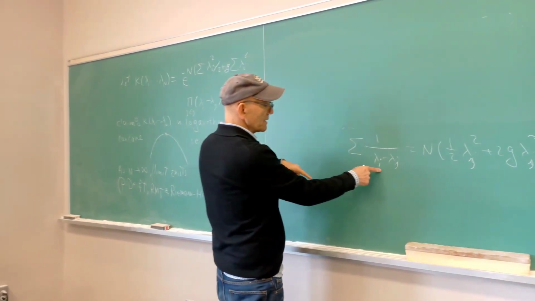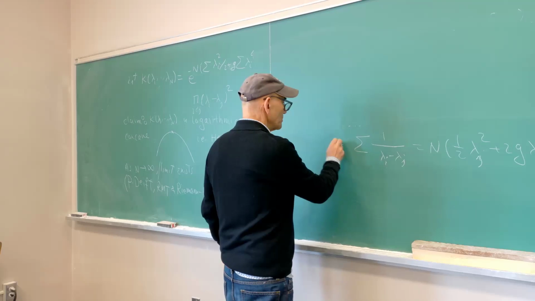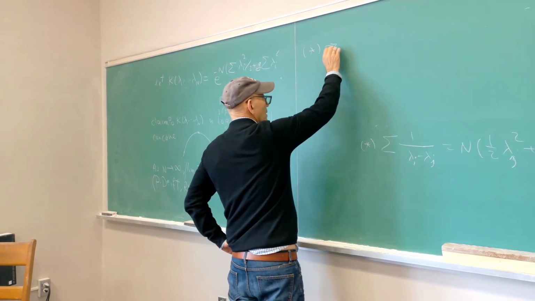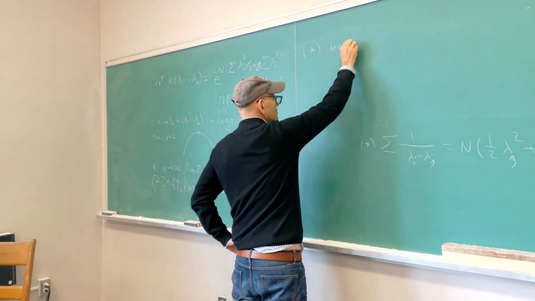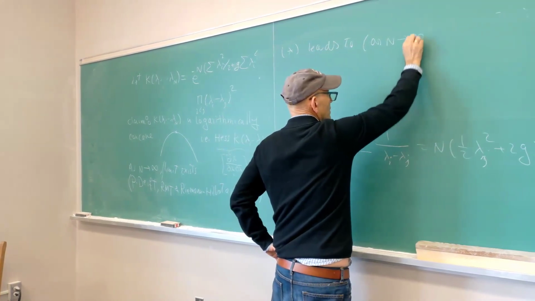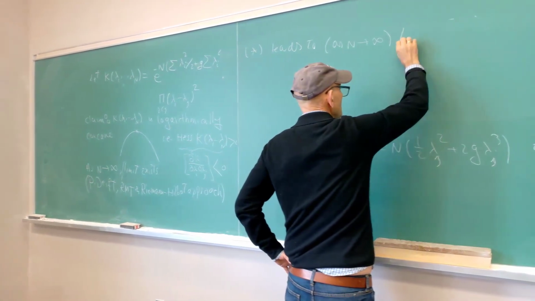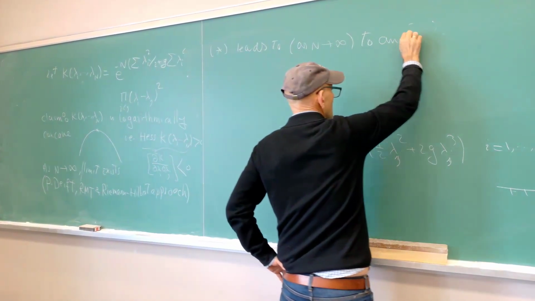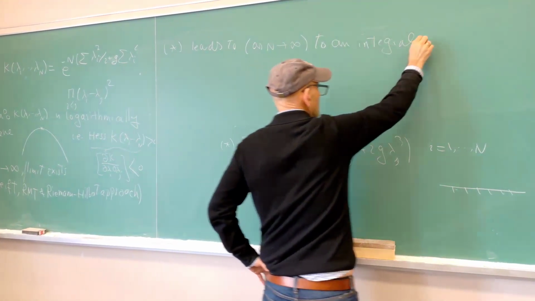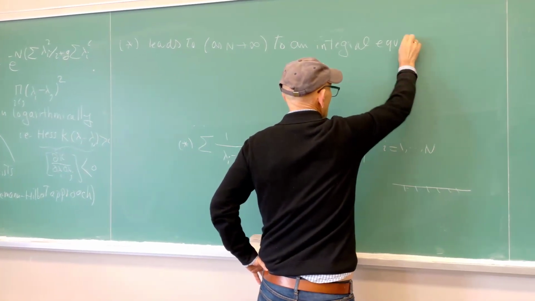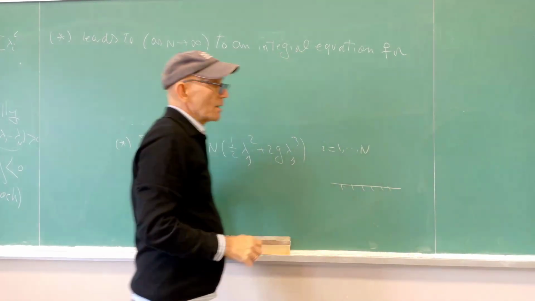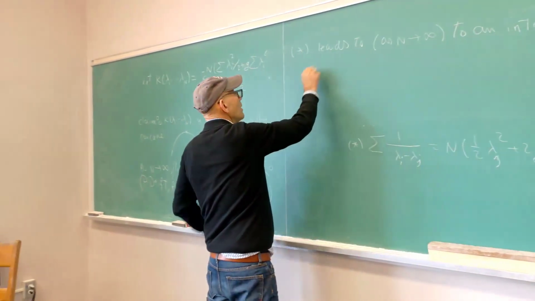And in that limit, this equation, so this is star, then star leads, as n goes to infinity, to an integral equation for the limit distribution.